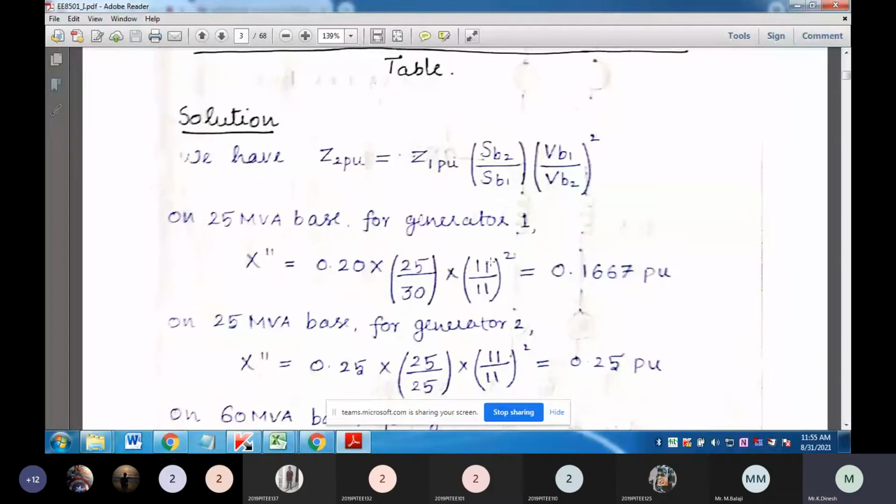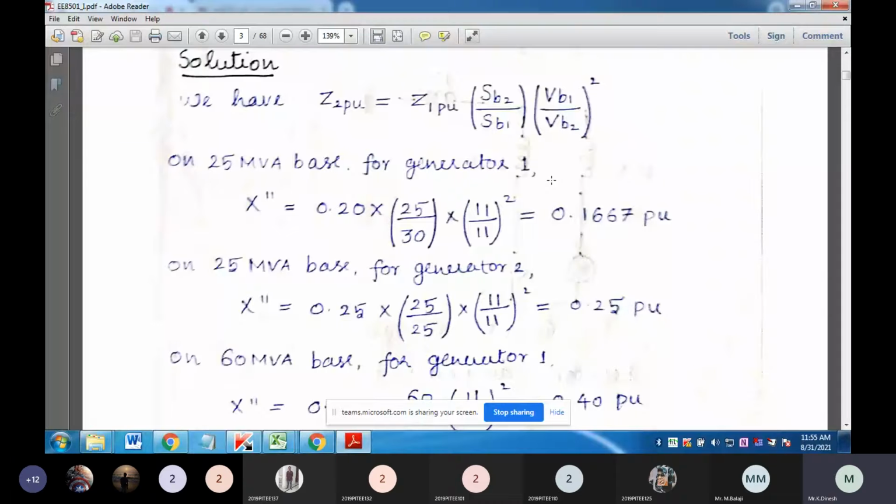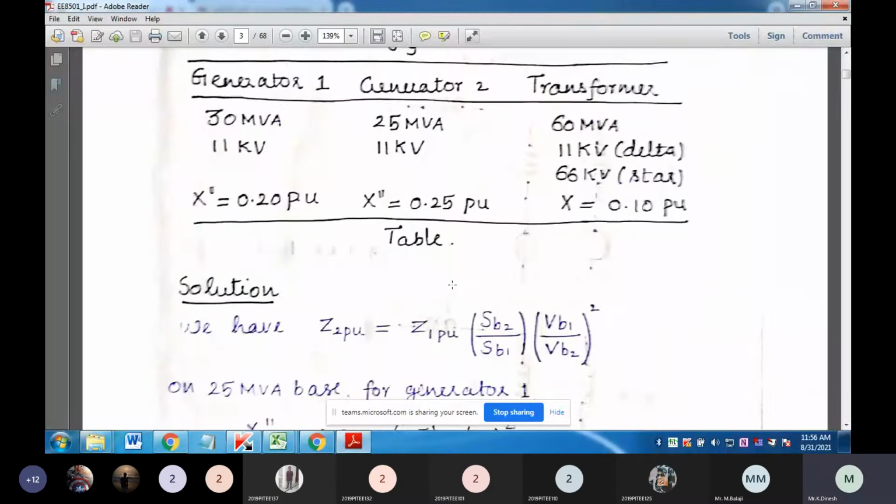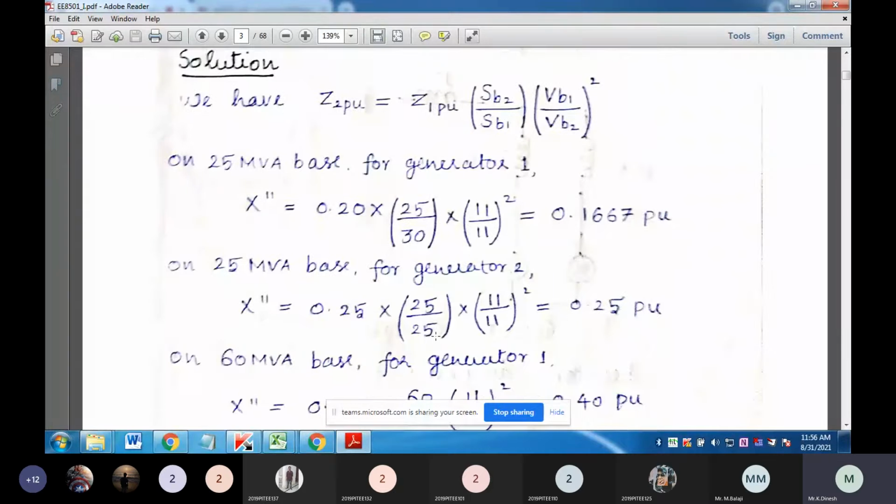If you simplify, you get 0.1667 per unit on the base of generator 1, 25 MVA base. Likewise for generator 2, on the same base of 25 MVA, X double dash equals 0.25, into 25 by 25. Here MVA base old and new are both the same, and the kV base is also the same, so you get 0.25 per unit only.